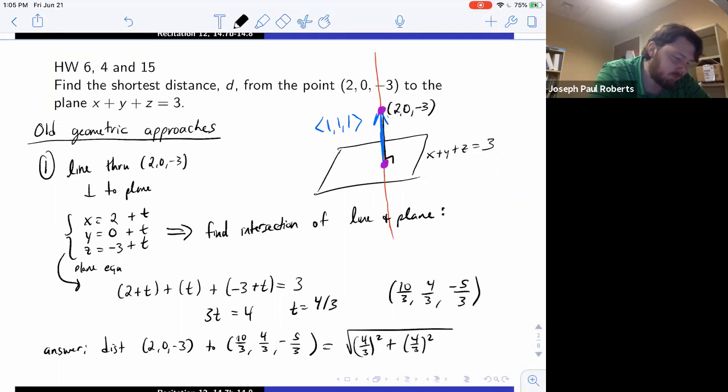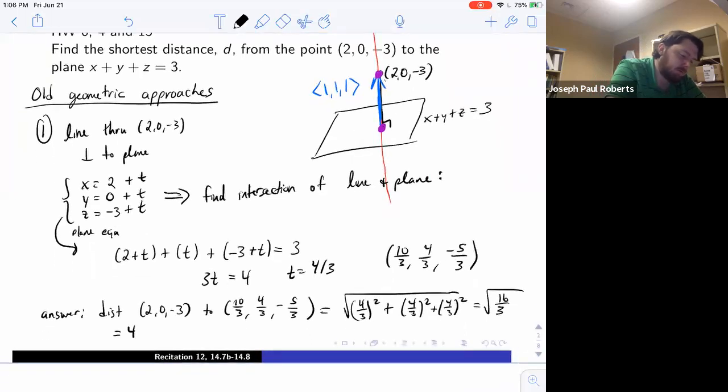So 10/3 minus 2 is 4/3. 4/3 minus 0 is 4/3. Negative 5/3 minus negative 3 is 4/3. So what is that? The square root of 16/3, which is 4 over the square root of 3.